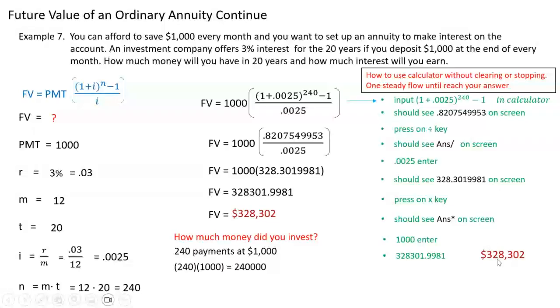So we subtract that from the total you earned. Subtract the 240,000 from it. So you made $88,302 extra, which is not bad for 20 years, just for doing some kind of account like that. So that's the answer: $88,302. That's how much extra money you made.